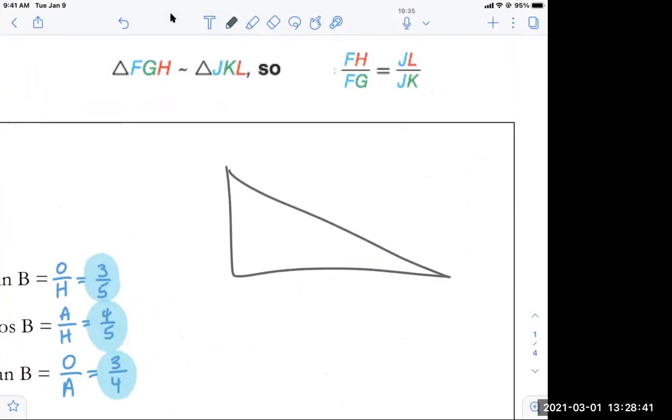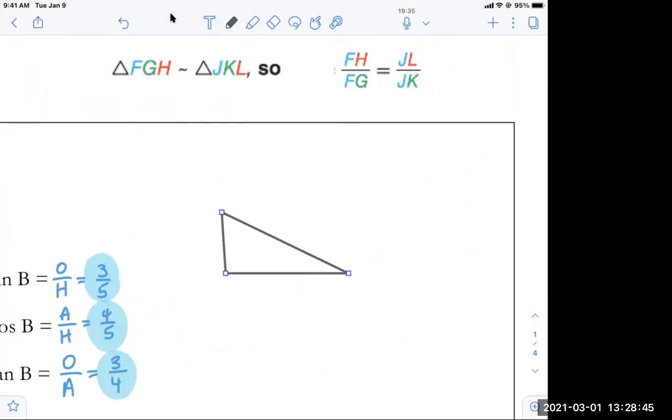So in the right triangle, how are these angles related to each other? They're complementary. So that's because all the angles add to 180, right?